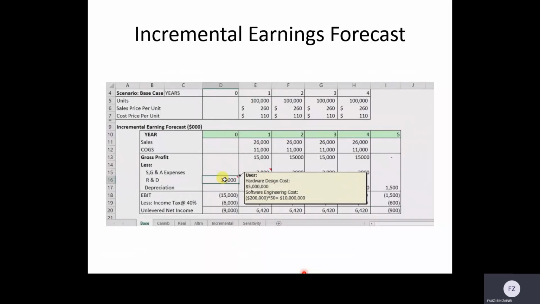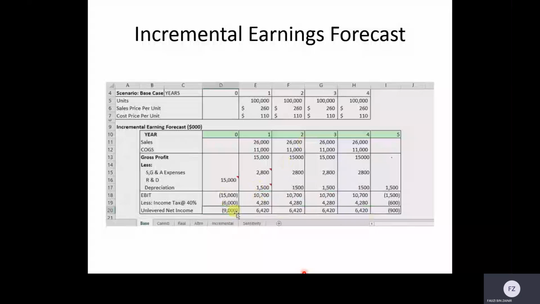So in year 0, before it is commercialized and sold, all the research and development costs will be around 15 million. Since there's no other cost in year 0, our EBIT will be minus 15 million, and then we also have income tax on the losses, which is 40% times 15 million, so 6 million, and our unlevered net income for year 0 is around minus 9 million.